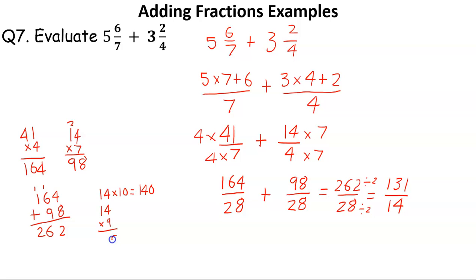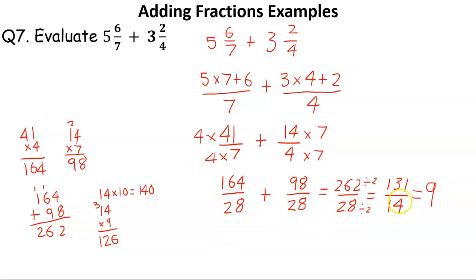So that means that if I said 9, we can just check that. 9 times 4 is 36, carry the 3. 1 times 9 is 9, plus the 3 is 12, so it's 126. So it looks like I can convert this to 9 as my whole number.